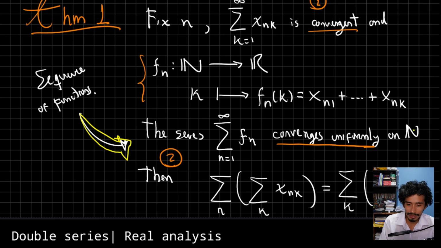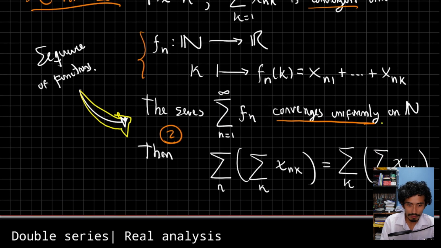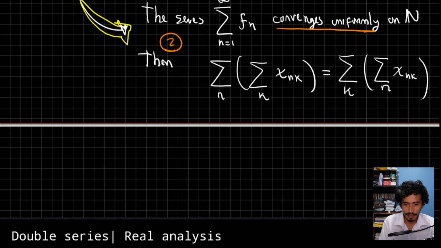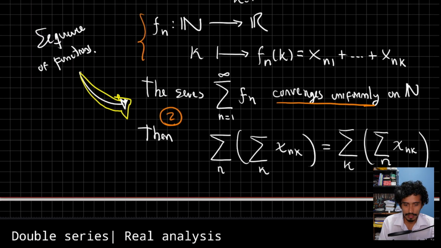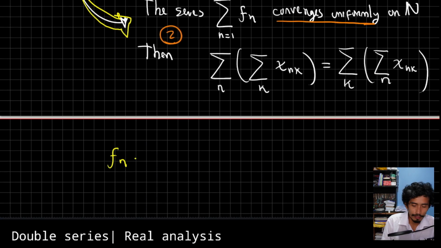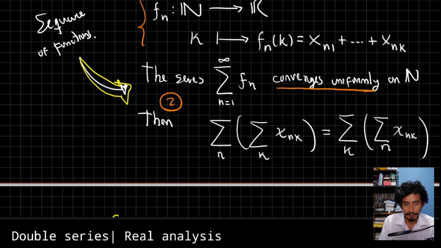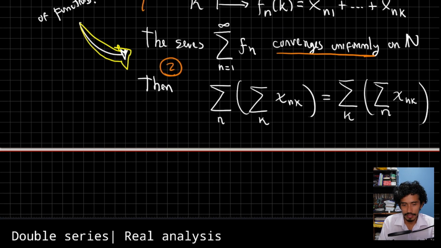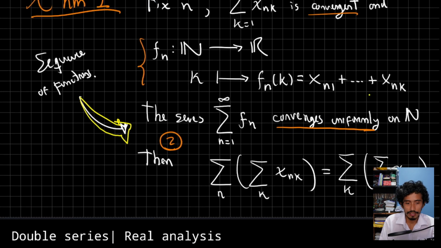If you try to understand a little of what's happening, you'll see that f sub n is a function that, given some value of k, will have the kth summation of the series, fixing the value of n.